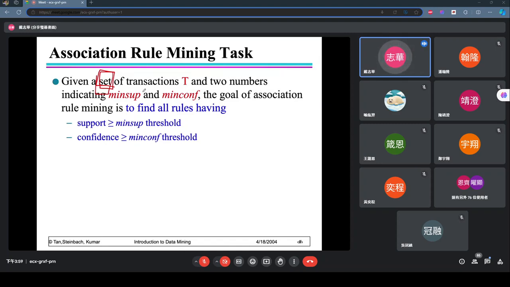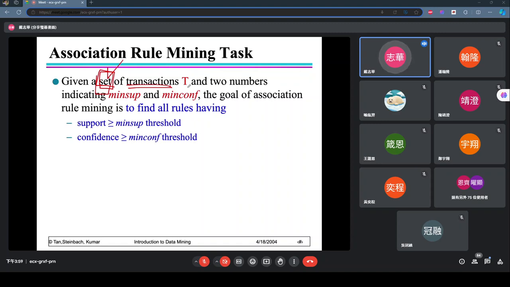But it doesn't mean that you cannot do this. It would reduce the quality that you get, but you could do that. So you could replace this transaction database with any data you are interested in. Just remember that with frequent item set mining, it would be a set.